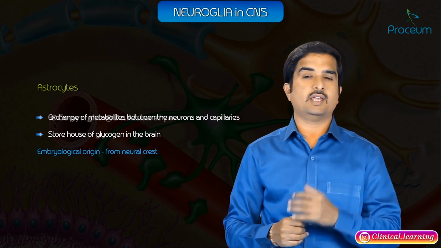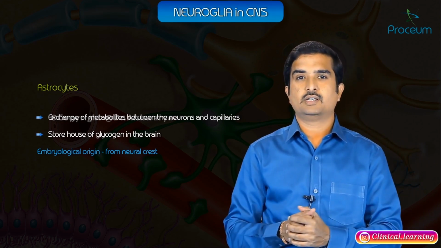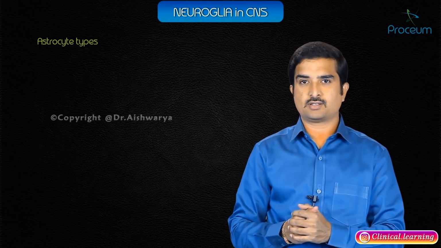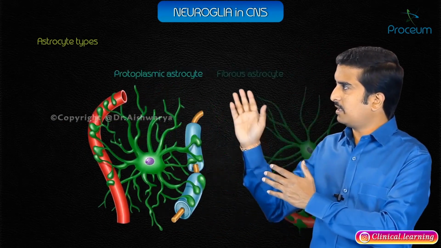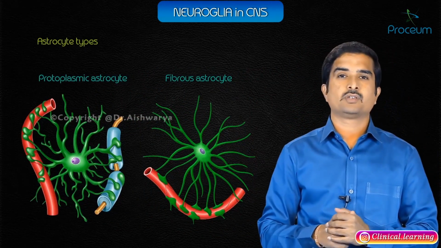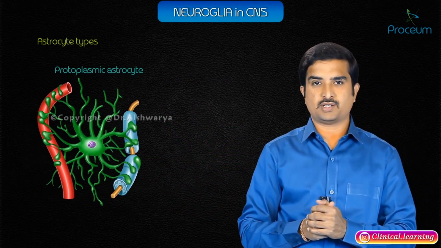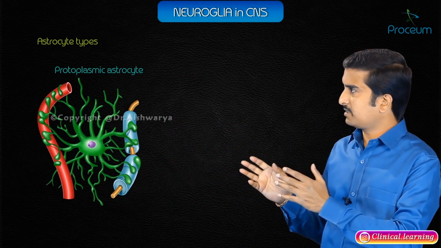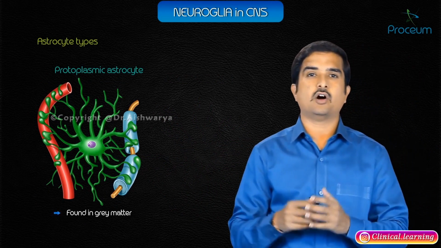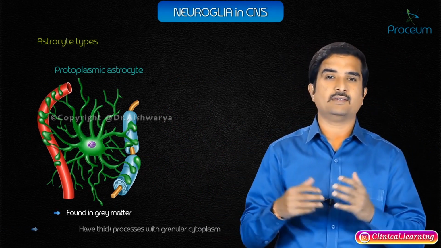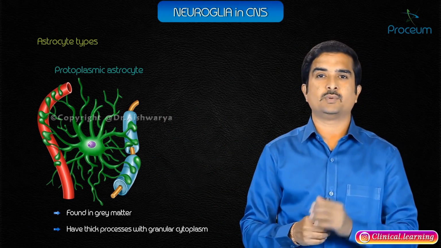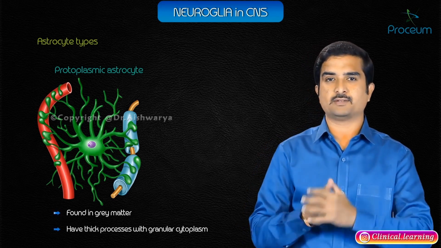Embryologically, they are derived from the neural crest, and there are two types of astrocytes: protoplasmic astrocytes and the fibrous astrocytes. So what are protoplasmic astrocytes? These type of cells are mainly found in the gray matter of the central nervous system, and they have thick processes with abundant granular cytoplasm.